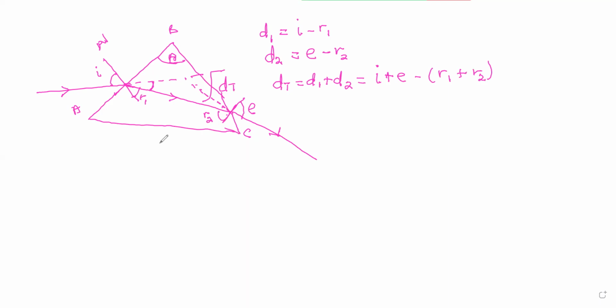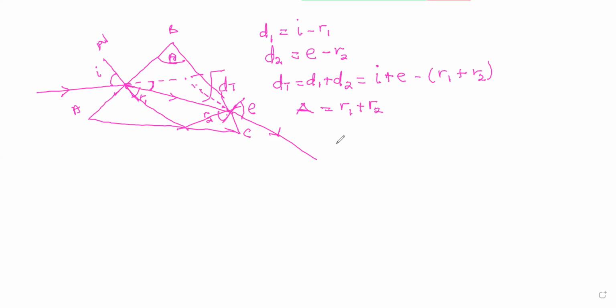When we analyze the whole triangle, we realize that the angle of the prism, or the refracting angle A, is equal to the sum of the first angle of refraction plus the second angle of refraction.